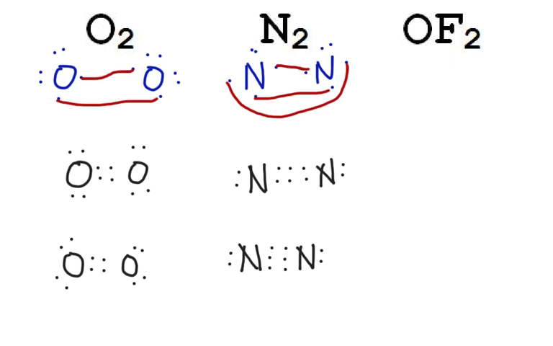Our last one here, OF2, oxygen, 1, 2, 3, 4, 5, 6, and a fluorine, 1, 2, 3, 4, 5, 6, 7, and another fluorine, 1, 2, 3, 4, 5, 6, 7.